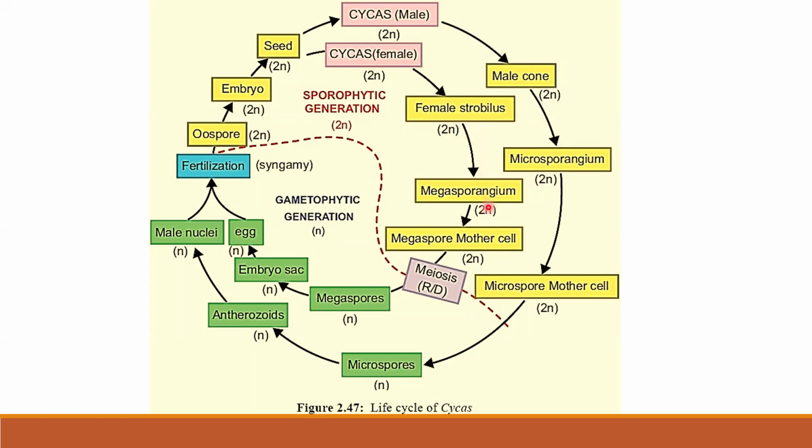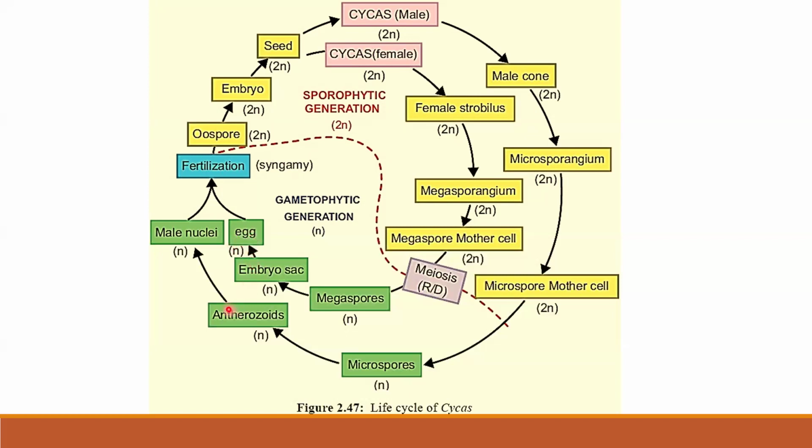Megasporangium has a megaspore mother cell which divides by meiosis to form megaspore, and microsporangium has a microspore mother cell which divides by meiosis to form microspore. Microspores form the male gametophyte which gives rise to male gametes called antherozoids, and the megaspore forms the female gametophyte called embryo sac, which has a female prothallus, which forms a female gamete called egg.